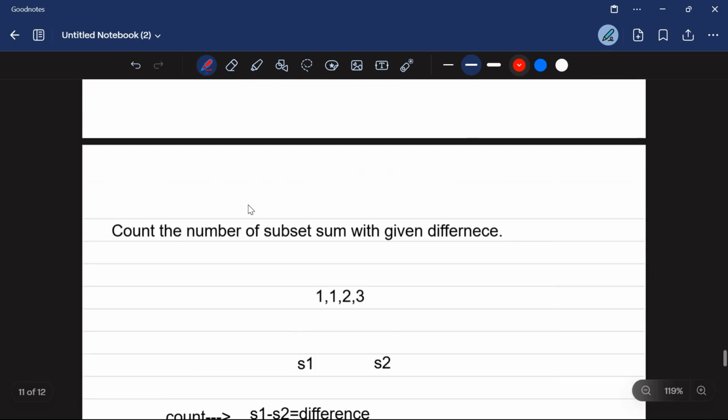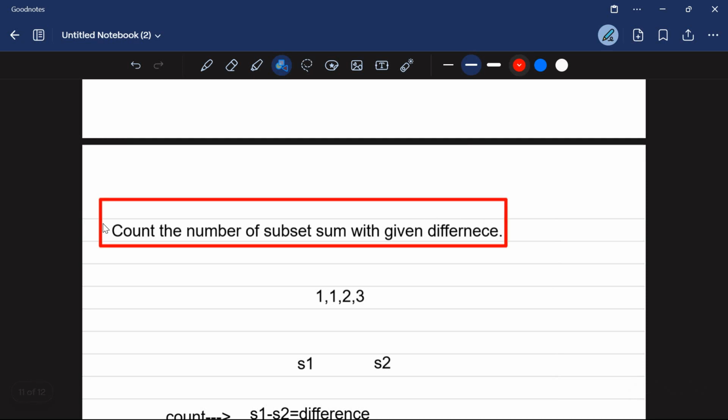The next problem is very simple. If you understood the last problems well, you can easily tackle it. Count the number of subsets with a given difference. What does the question say?